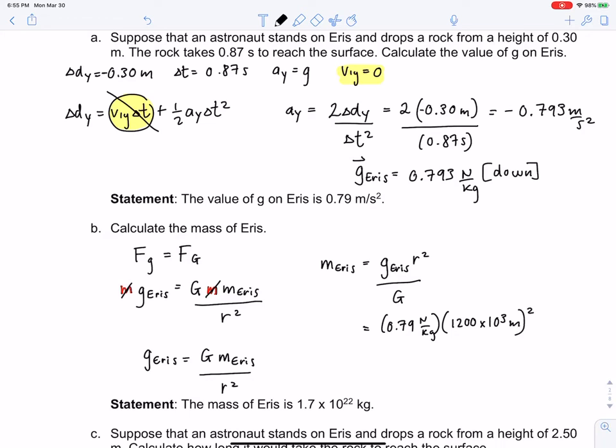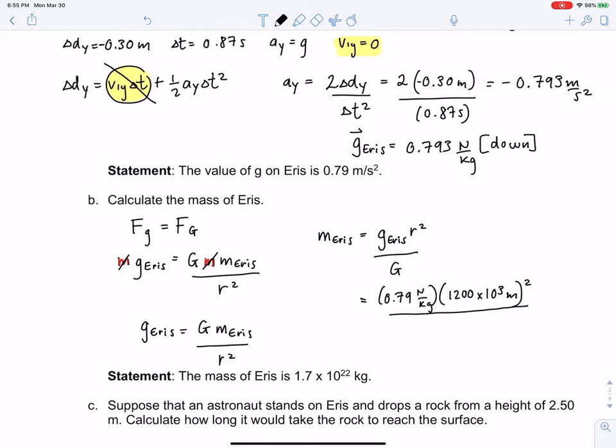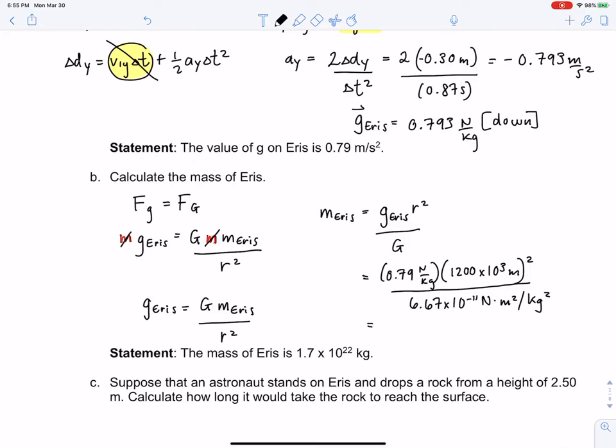We're going to square this value, and we're going to divide it by 6.67 times 10 to the power of negative 11 newtons times meter squared per kilogram squared. If you punch this into your calculator, the mass of Eris is equal to 1.7 times 10 to the power of 22 kilograms.